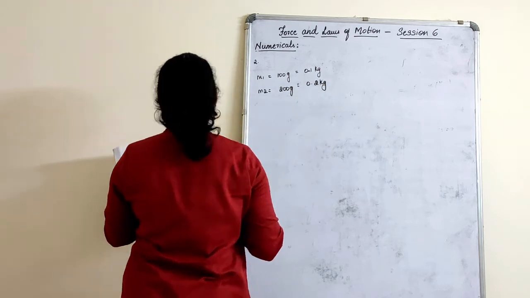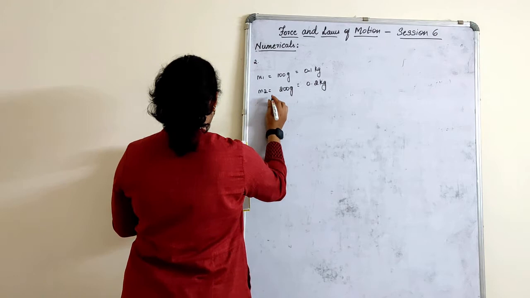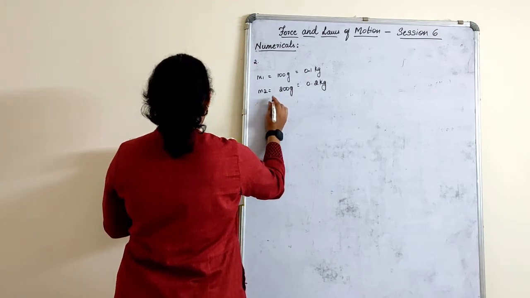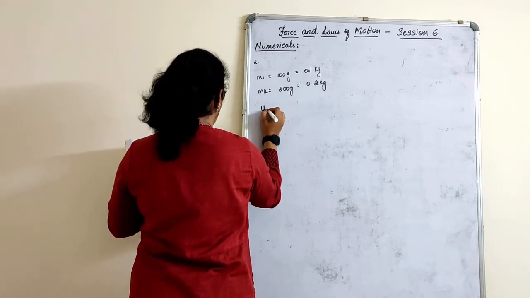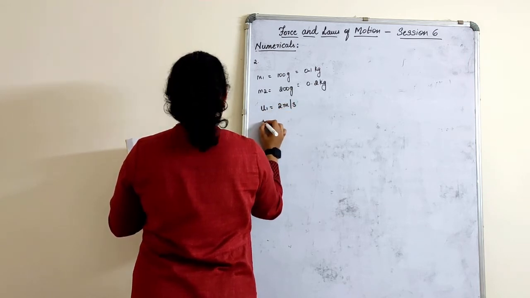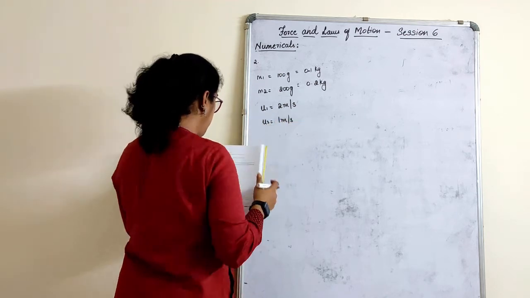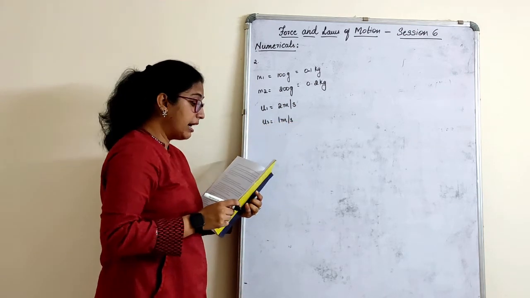Mass always in terms of kg. Are moving along the same line with velocities u1 is equal to 2 meters per second and u2 is equal to 1 meters per second. They collide and after collision.